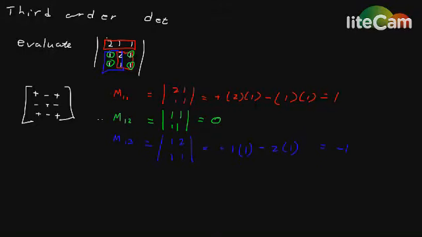Okay, so now we know the determinant of A is equal to, now remember what I said, we're going to stick this symbol in front of the minor of the corresponding element, so M12, and we're going to stick the plus in front of this minor, which corresponds to that element.